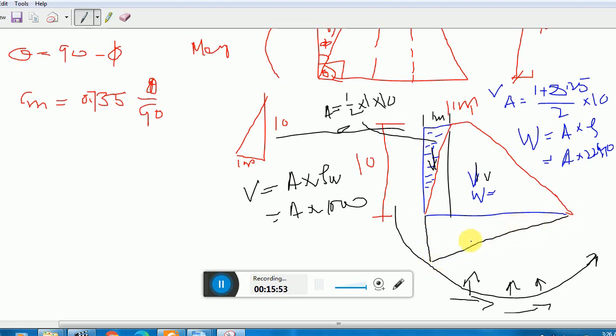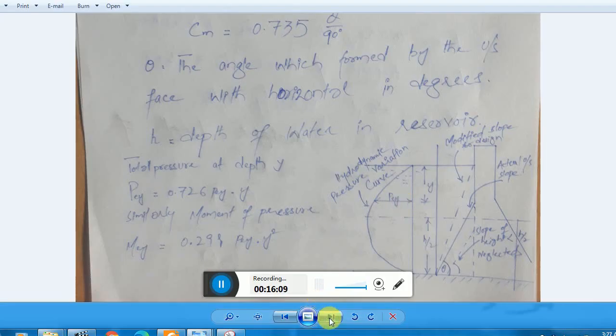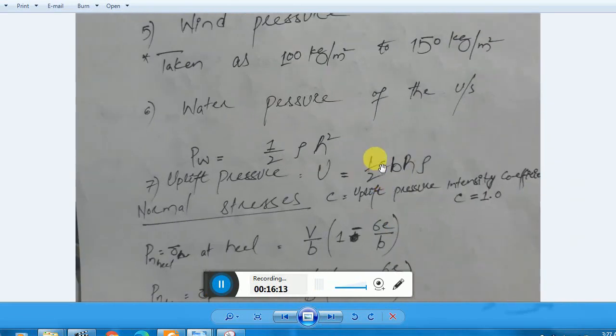So here we have the resultant of that uplift force, and that uplift force is denoted by U, remember. And this force will be, let me show you this one. You see U equals 1 over 2, C, B, H, density. C is 1 and B is 8.25, H is 10 and density is 1000.